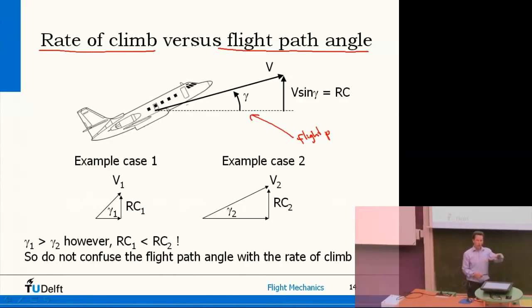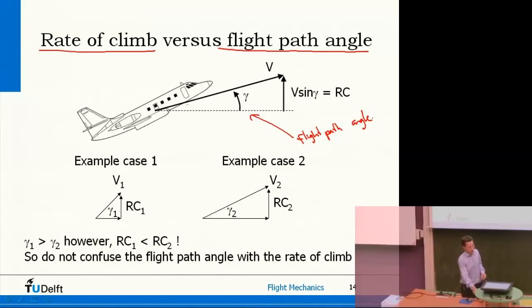That tells you how steep you're going. But this angle also, together with the airspeed, tells you what the vertical portion of the airspeed is. So the airspeed V times the sine of the flight path angle is what we call RC, or rate of climb, and that's expressed in meters per second.